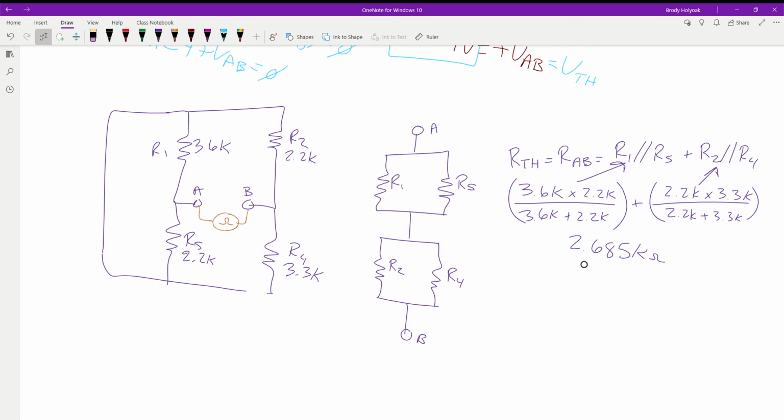Okay, so we'll come back here and we'll just walk through it again. So we're looking at point A. We're going to start there. Well, the problem is that because they're all connected together.